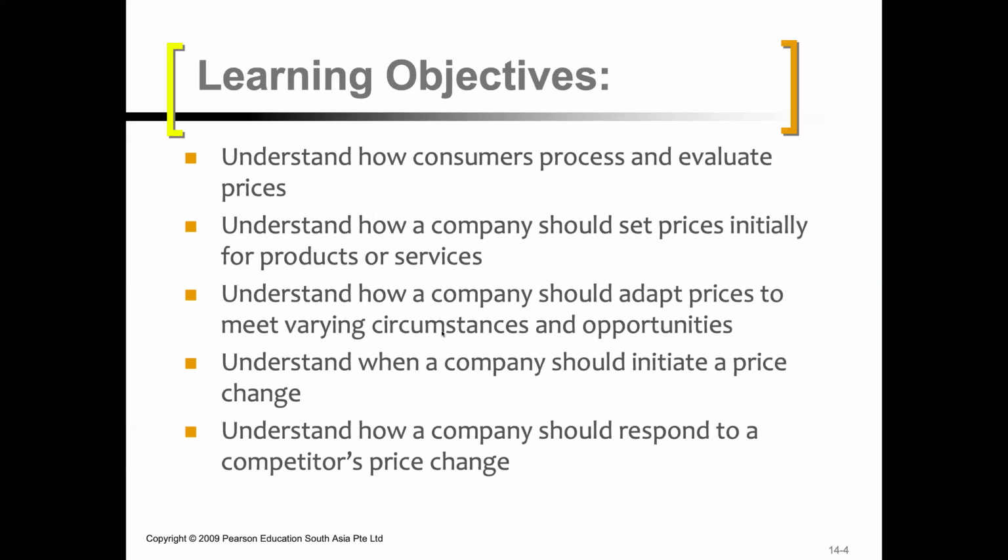The learning objectives for today are to understand how consumers process and evaluate prices, to understand how a company should set prices initially for products or services, to understand how a company should adapt prices to meet varying circumstances and opportunities, to understand when a company should initiate a price change, and finally, to understand how a company should respond to a competitor's price change.